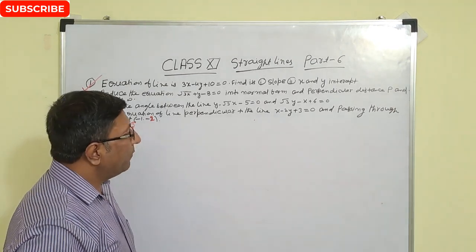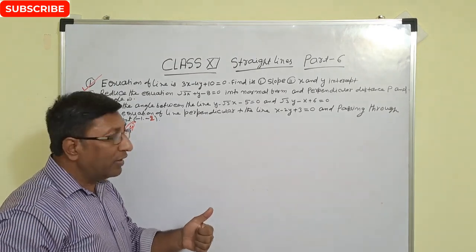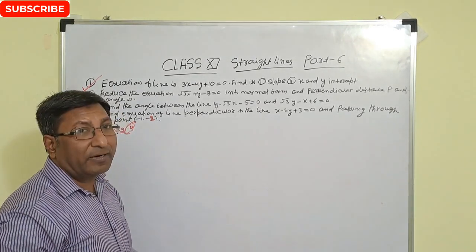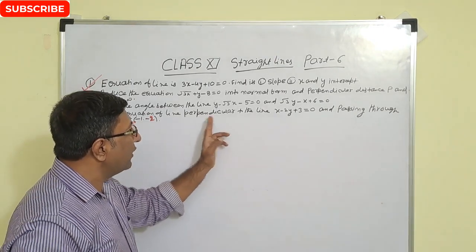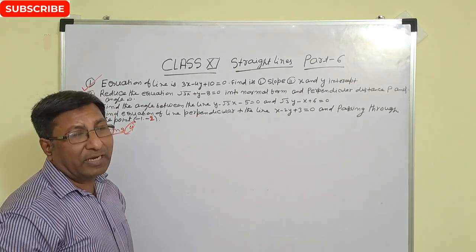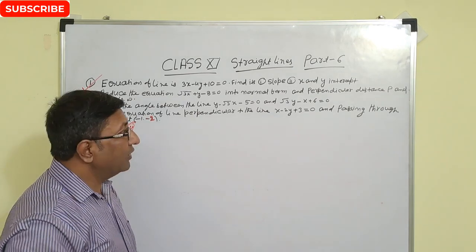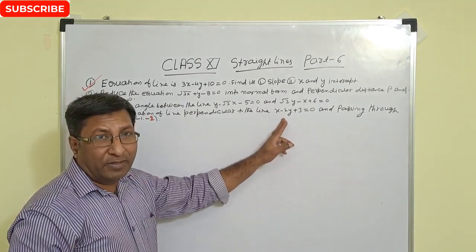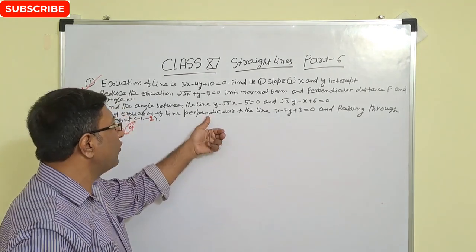So you know perpendicular lines have a what? If two lines are perpendicular, then product of their slopes is what? Minus 1. So slope of this line and slope of the required line will be perpendicular, that is, negative reciprocal of each other. So first you find slope of this line, then the reciprocal of this will be the slope of the required line.